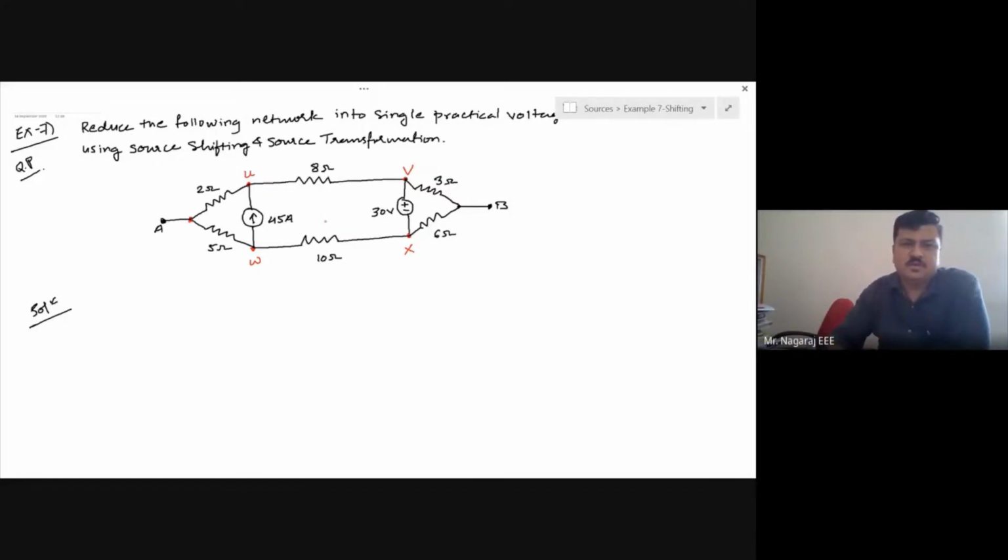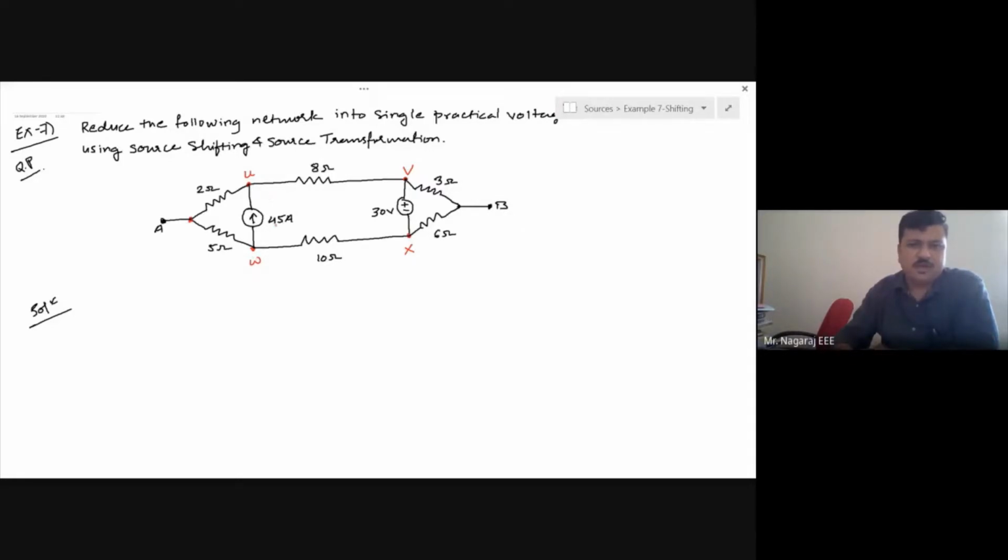So one thing we should observe is that whenever we are shifting the sources, we check whether the shifting is feasible across all the elements or not. The current source has to be shifted across the elements strictly in such a way that the effect of current is present only at the terminal nodes of it, that is at node U and node W here.